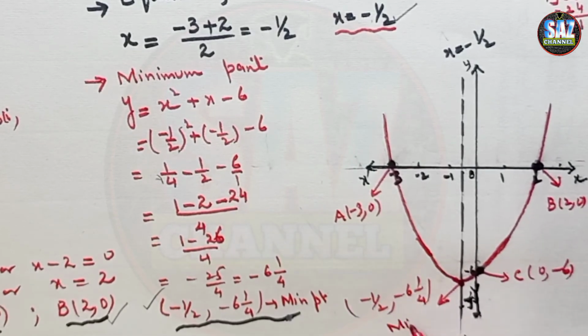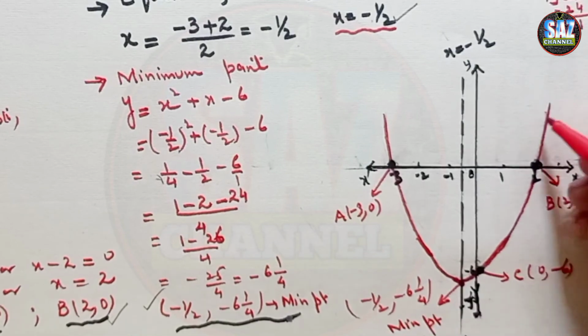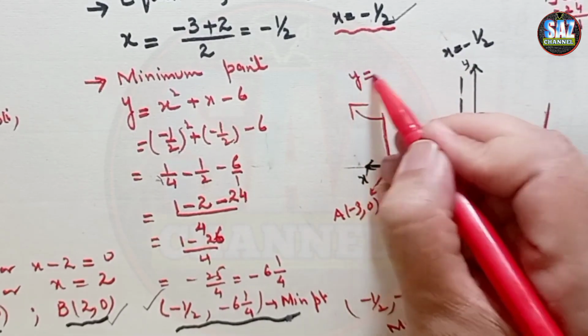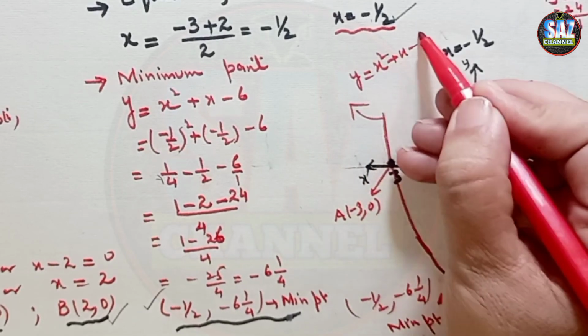This is the minimum point. And the equation of the curve, how can I forget that? y equals x squared plus x minus 6.